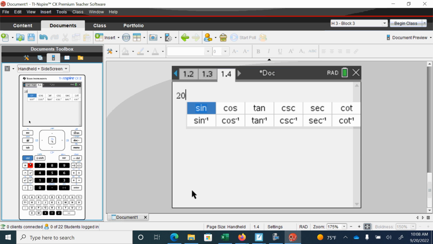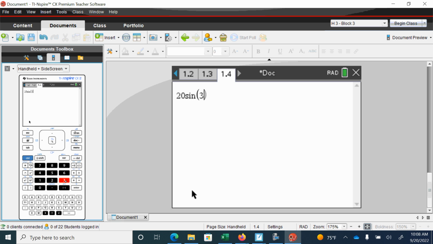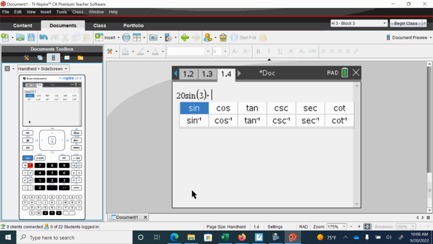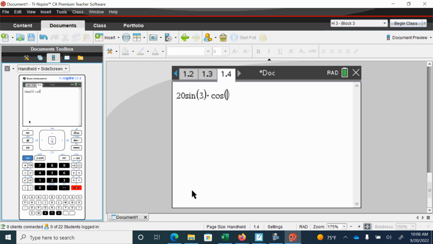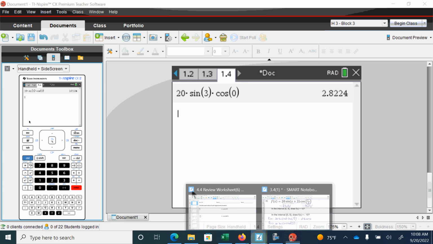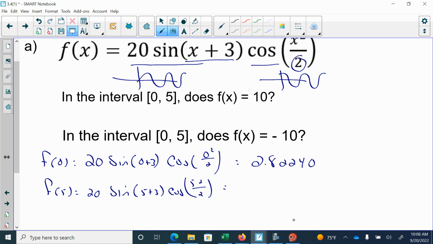It's not that I don't believe you guys, but, well, cosine 0, is it? What'd you get? 0 squared. This is for the last one.